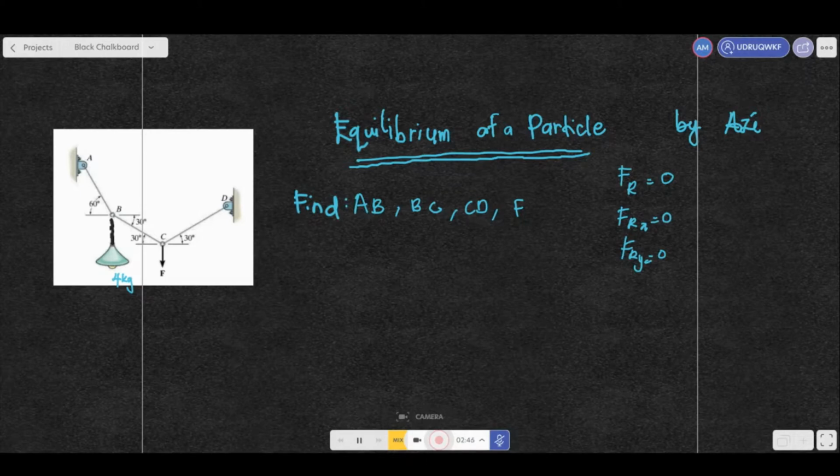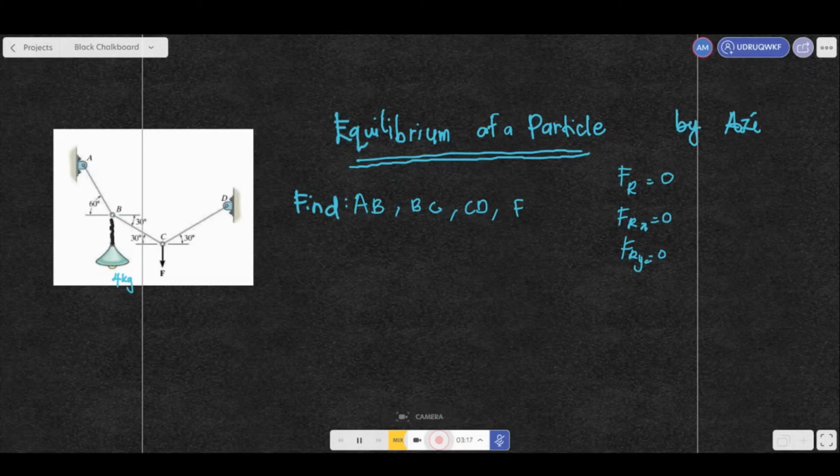So you can find AB and BC from there. After we finish the calculation related to point B, then we can move to point C to get the remaining values that we want to find, CD and also F. So we can start with point B first.